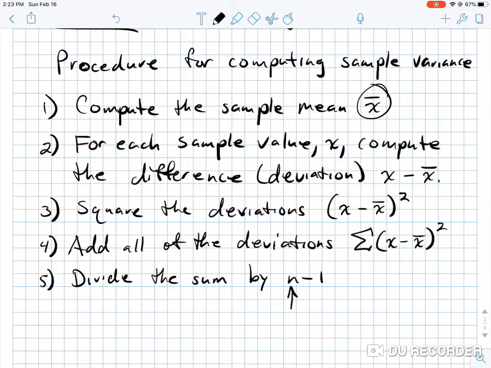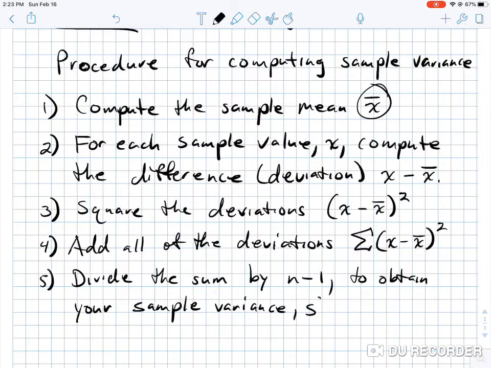Whatever that sample size is, you're going to subtract 1, then you're going to divide. All right. This is to obtain your sample variance. Okay, which, as you know, is this lovely guy right here.